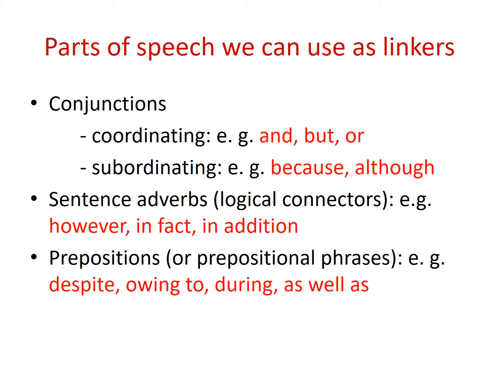Finally, there are words and expressions which are labeled traditionally as prepositions or prepositional phrases. These include expressions like despite, owing to, during, and as well as. They mainly occur before noun phrases and ing forms, and can therefore be referred to as phrase linkers.